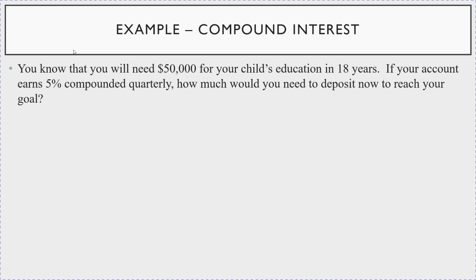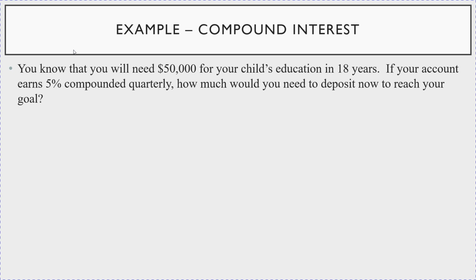Suppose you know that I'm going to need $50,000 for my child's education in 18 years. If your account earns 5% compounded quarterly, how much would you need to deposit now to reach your goal?